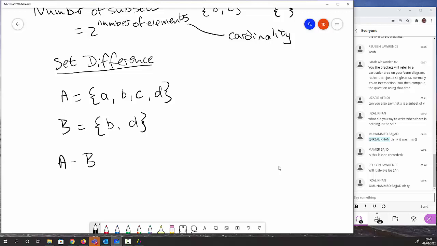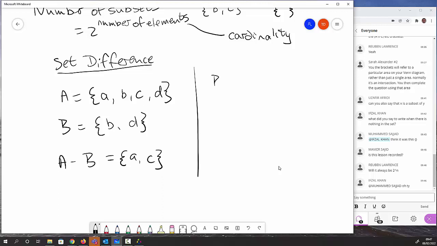What you do here is take away every element that is in both sets. So the B is there, and the B is there, and the D is there, and the D is there. So what gets left is the A and the C. So A minus B is equal to A, C.